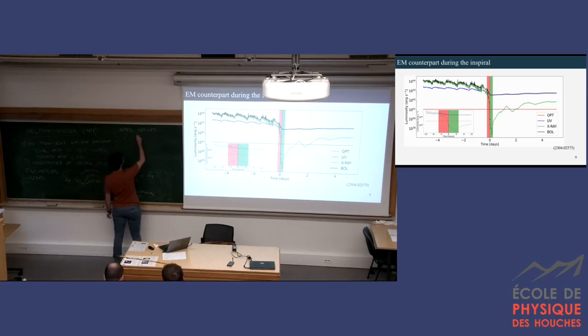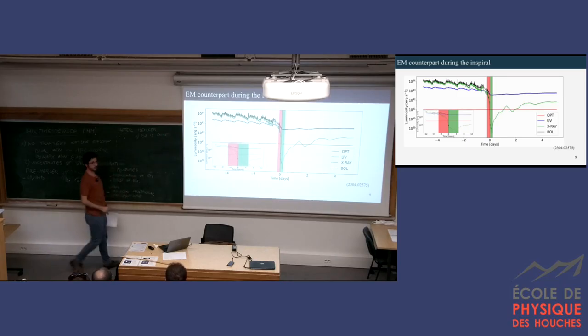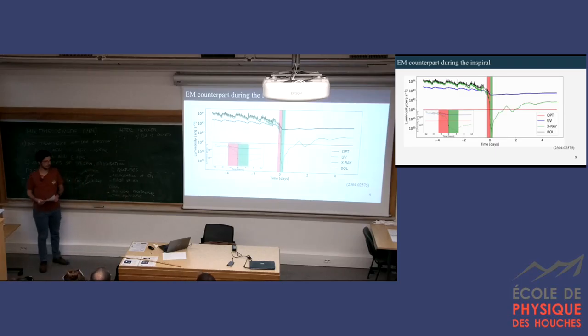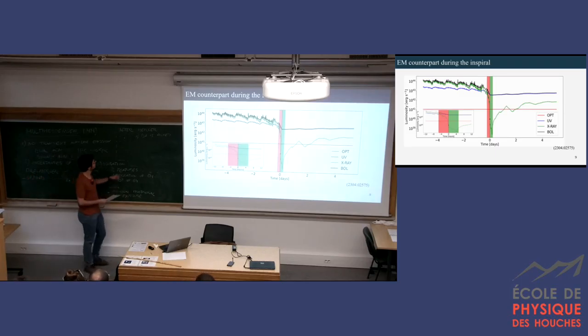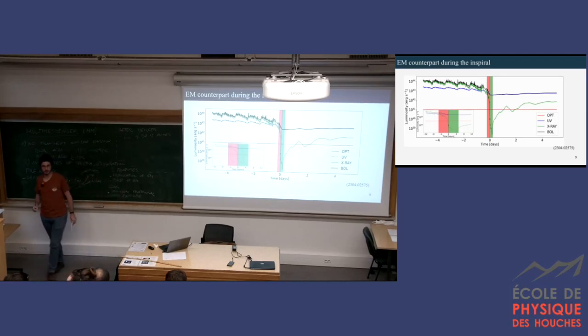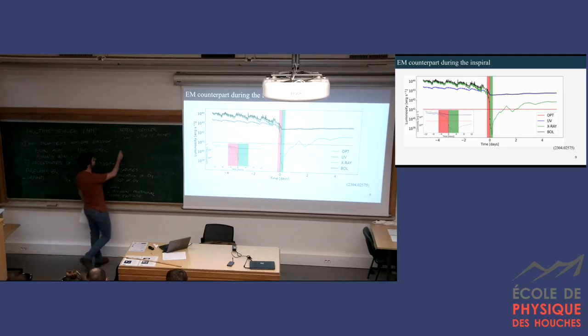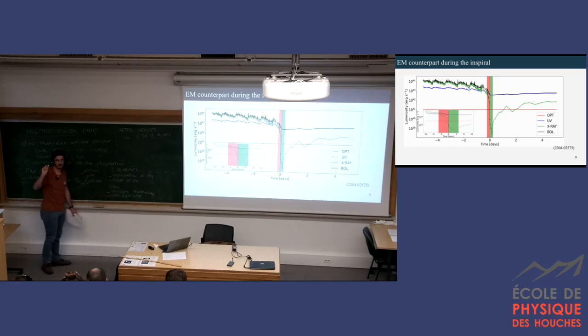The first one is that the black hole is kicked. So at merger, the remnant black hole receives a kick, and the kick pushes the remnant massive black hole into the circumbinary disk. In this way, the massive black hole will go through a region where there is gas, so you can get again some sort of accretion and an electromagnetic counterpart.